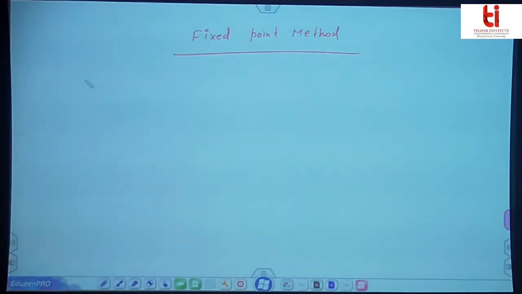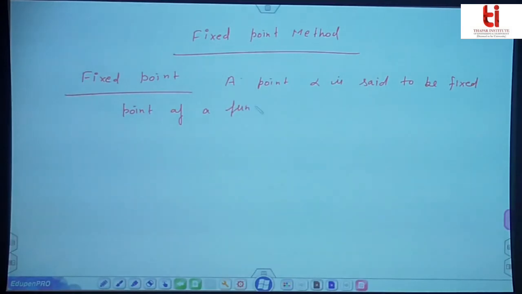Fixed point. What is a fixed point? A point alpha is said to be a fixed point of a function f(x) if f of alpha equals alpha.